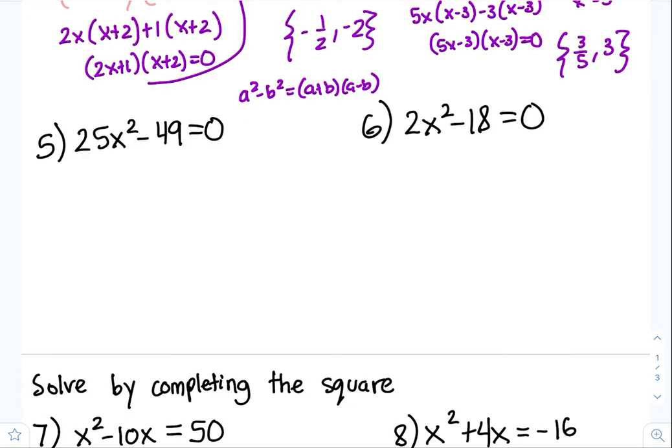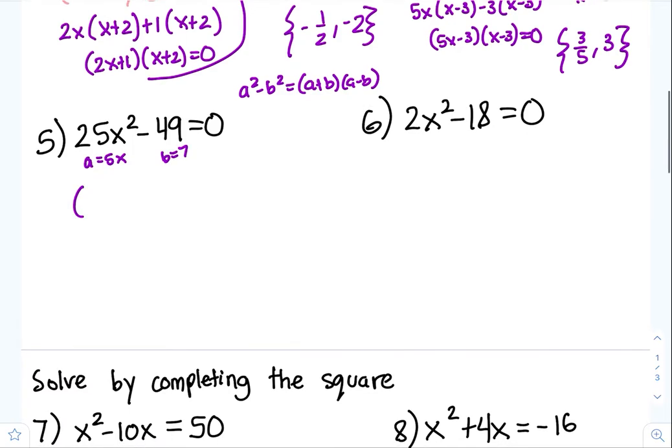So what is the square root of 25x squared? Well, it's 5x, right? And what is the square root of 49? That's 7, right? So there's our a and b. So the factors become 5x plus 7 and 5x minus 7 equal to 0.